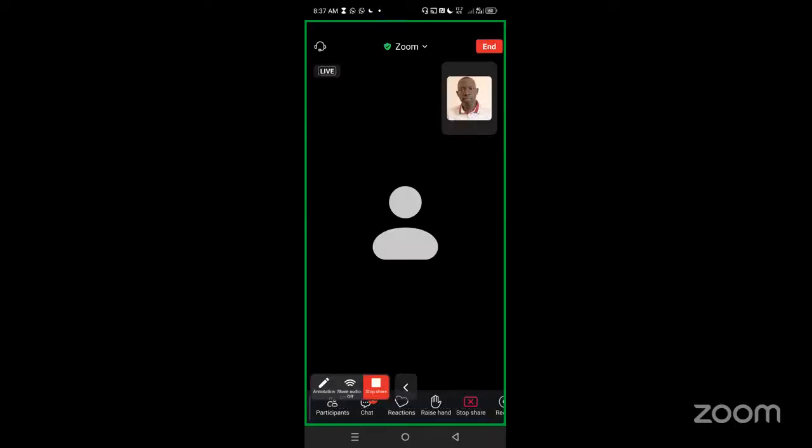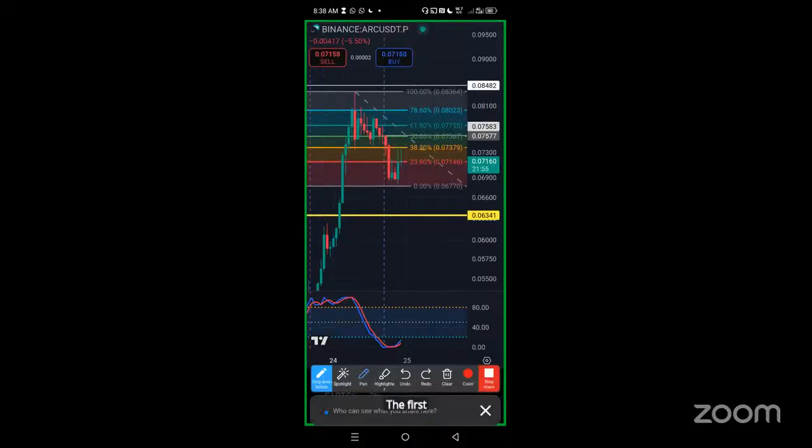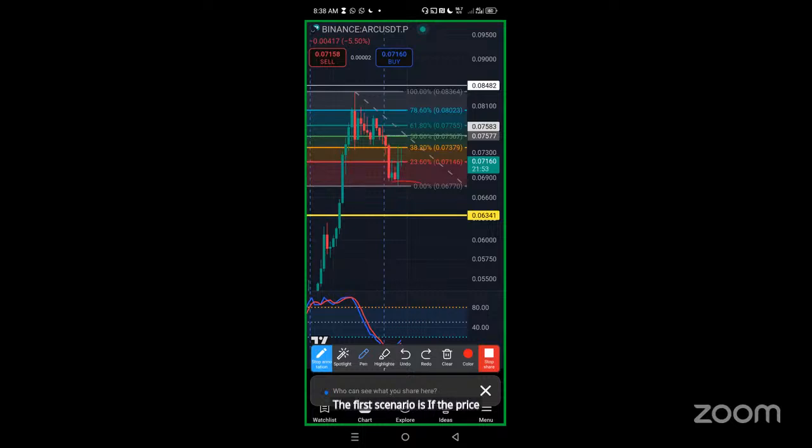Now the last bit is, when you are trading in a downtrend, what you're going to be looking out for are only these two scenarios. The pullback, let me share this. You should only look out for this scenario. The first scenario is if the price touches on your 0%, like it has done, and it is pulling back, right?